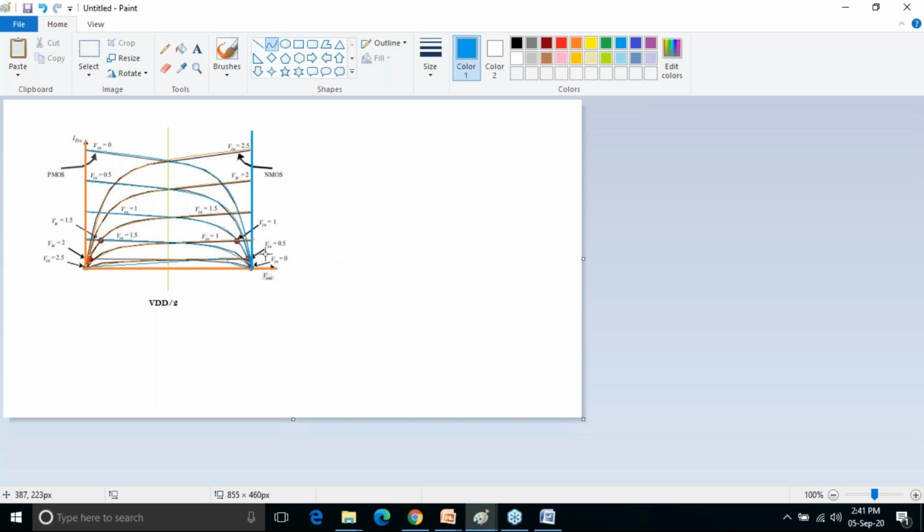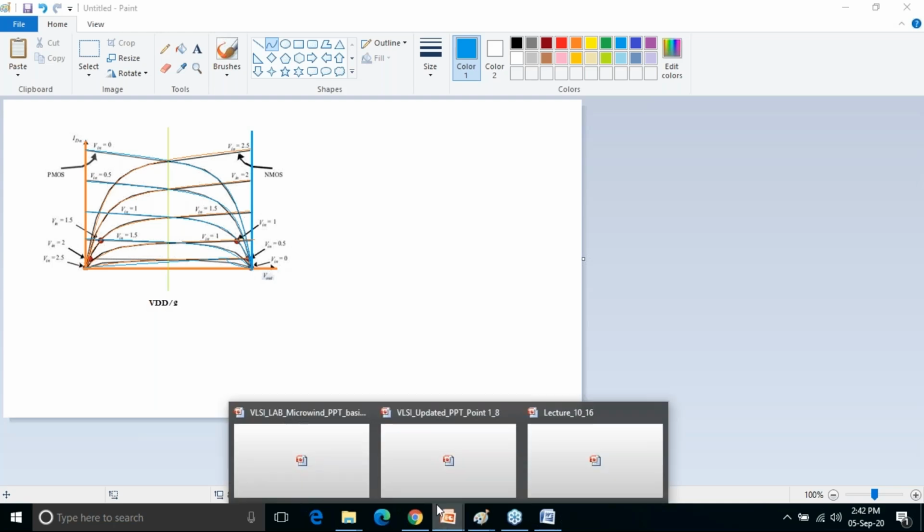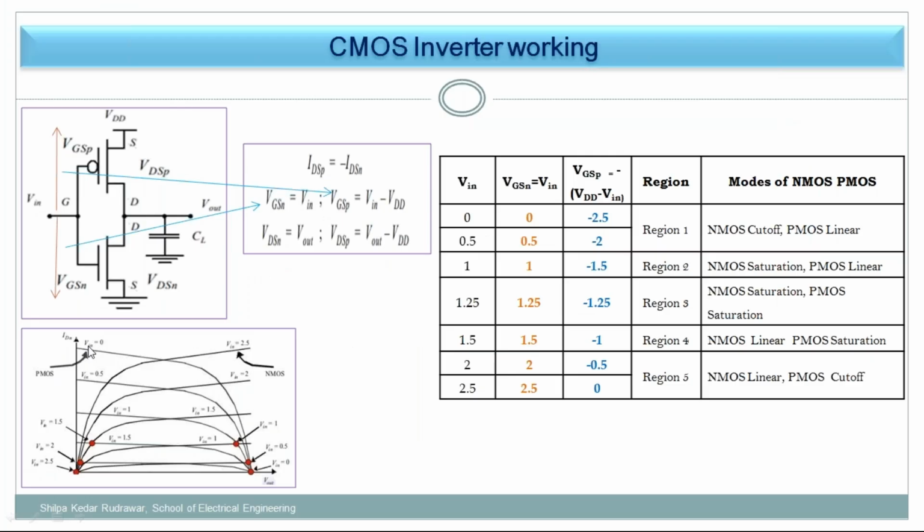Now here we have written Vin as 0, 0.5, 1, 1.5, 2 and 2.5. Why? Because I told you that VGSN is equal to Vin, but here what is the condition? It is coming as minus 2.5, but here you have written Vin equal to 0. So I'm switching to the PPT to elaborate the thing properly. Over here you are able to see, Vin is mentioned, not VGSP.